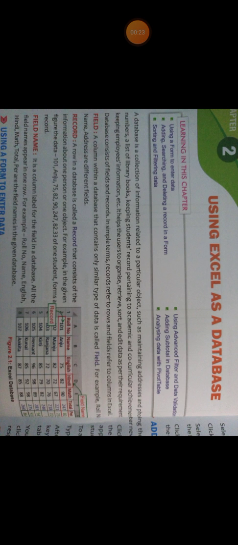For example, the telephone diary in which we keep or we store the telephone numbers of our friends and relatives. The address book, in which we keep the address of our friends and relatives.